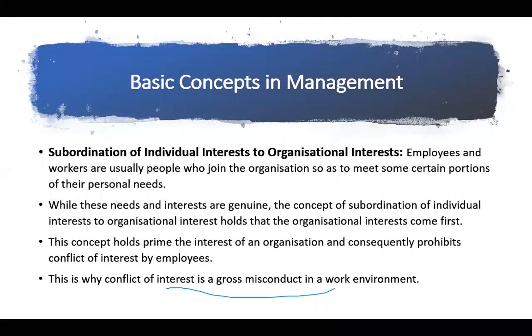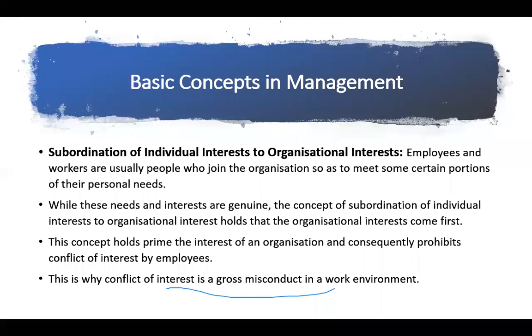Then the next one is subordination of individual interests to organizational interests. Remember, I explained that people joining an organization have their own personal interest, which is individual interest. But there is what they call organizational interest, which is guided by the corporate objective.